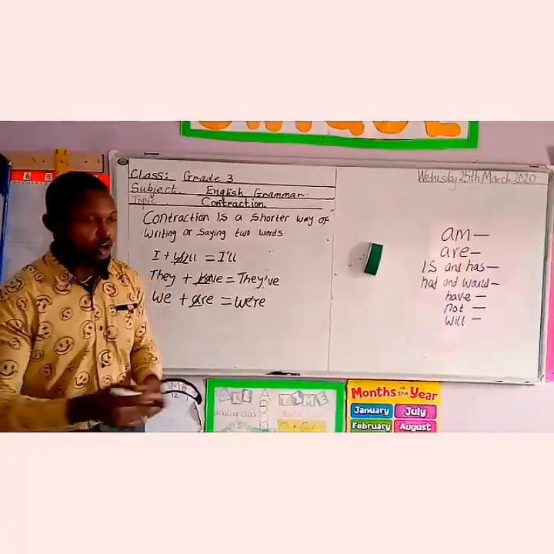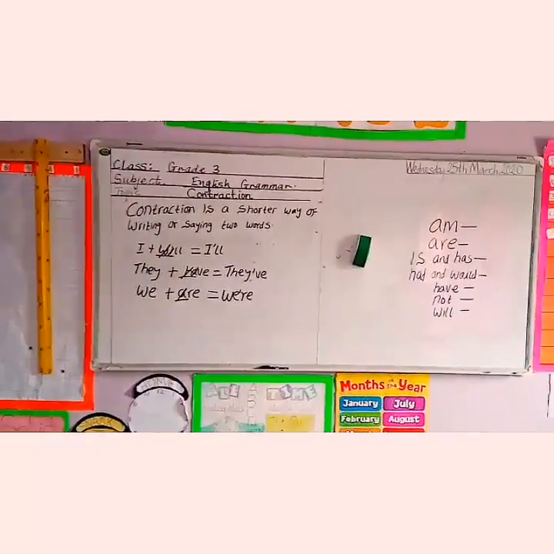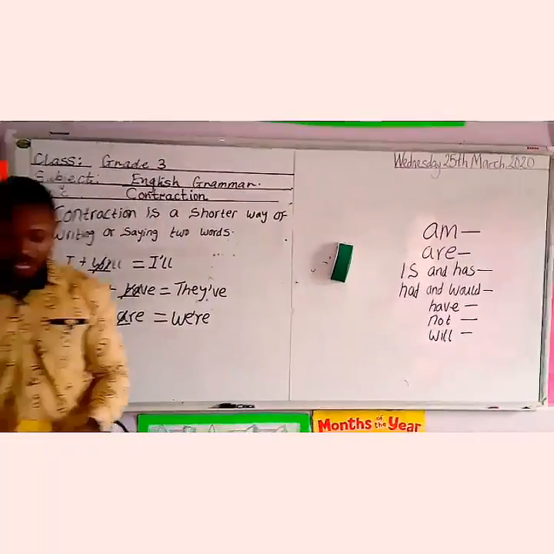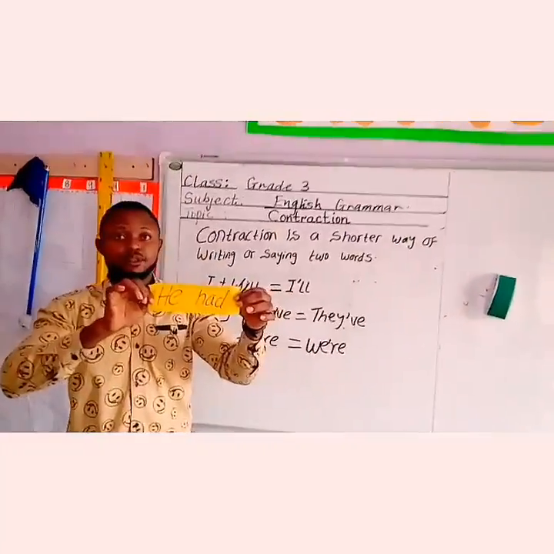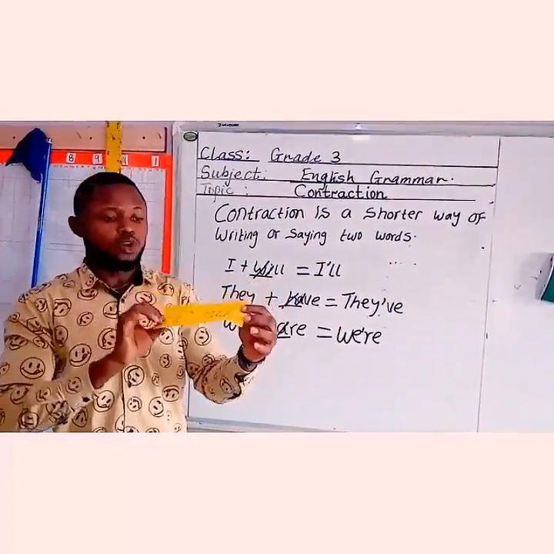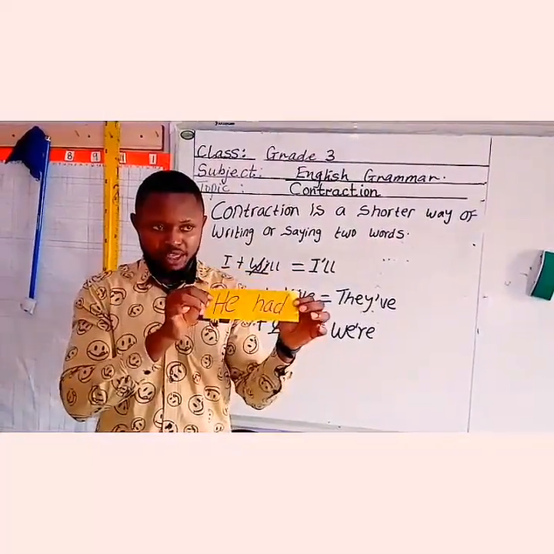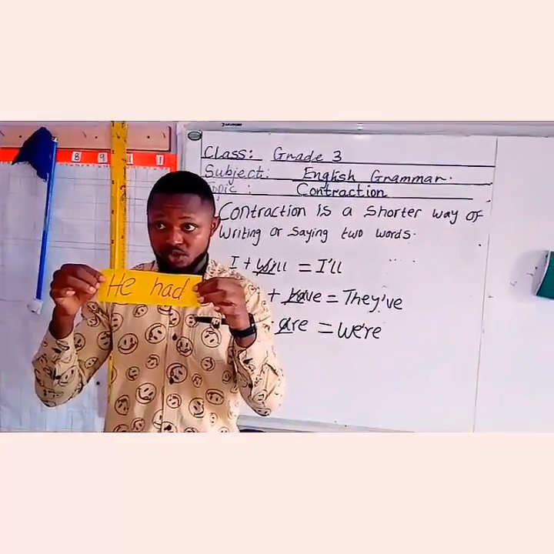But for now, to go further and get a clear understanding of what contraction is, we'll use this as an example. Now we have something like this. Please, can you read out the word here? He had. Now, if this word is to be contracted, please take a good look at the length. You can observe the length of the whole letters together.